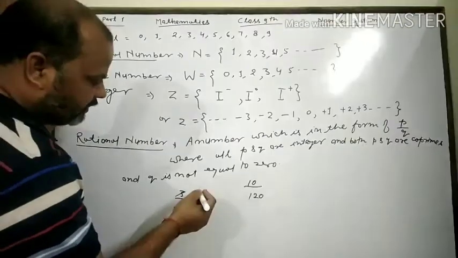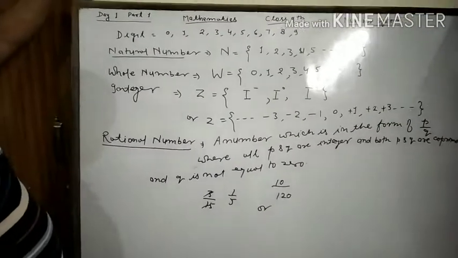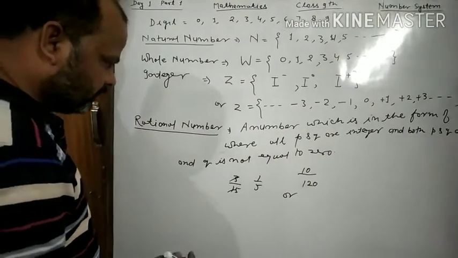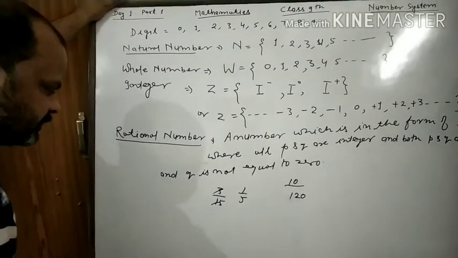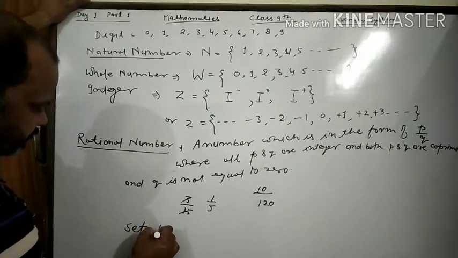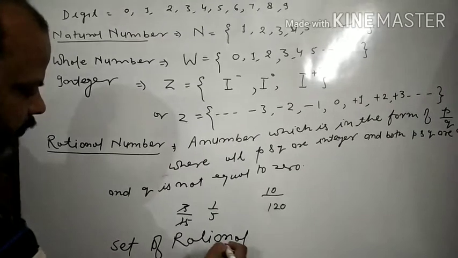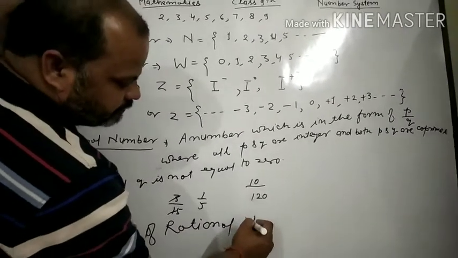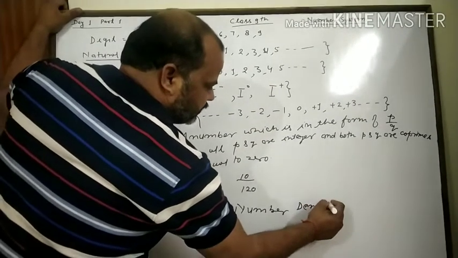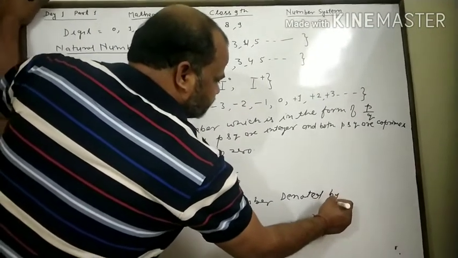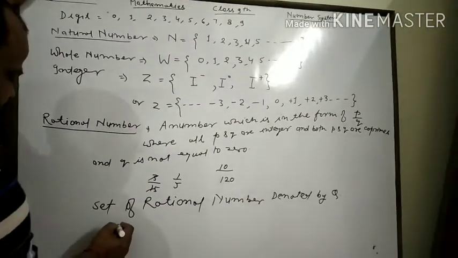Then, in other words, here is one more definition. The set of rational numbers is denoted by Q. Symbolically, you can write the definition of a rational number.